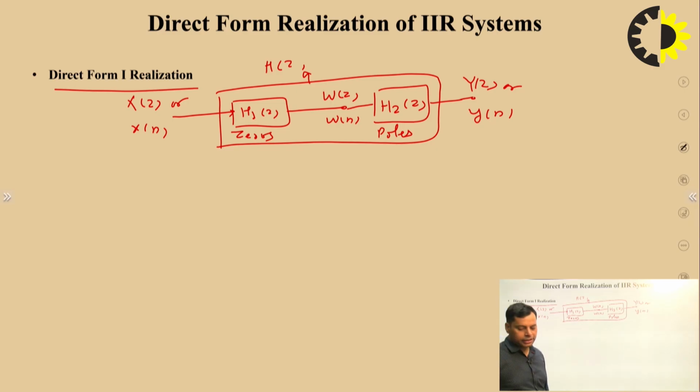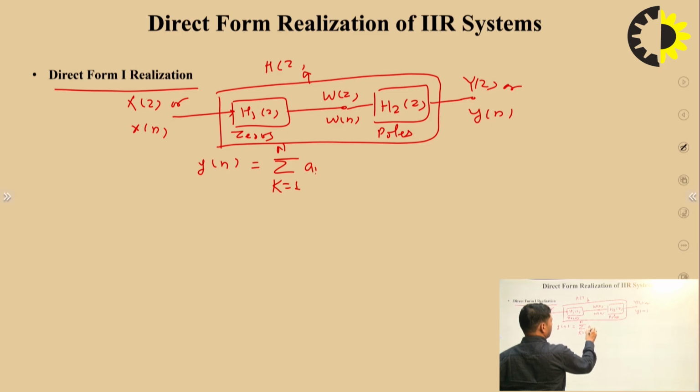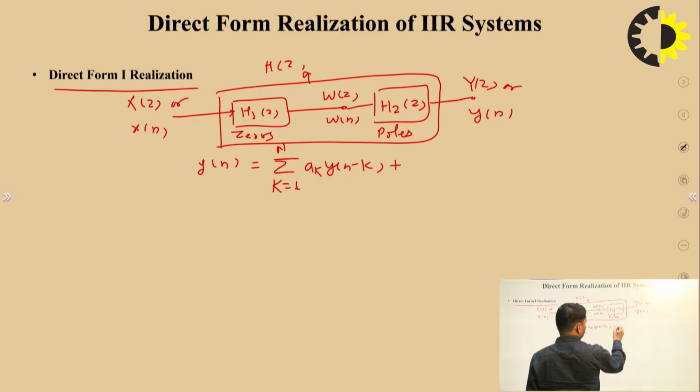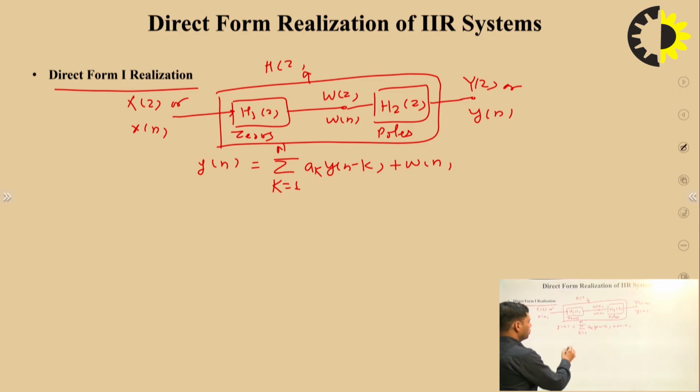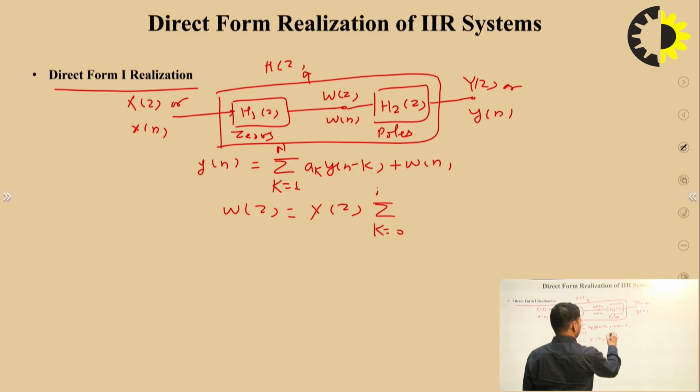So, in this realization, equation 1 which we discussed previously, we can write like this: y(n) is equal to summation of k equals 1 to N of a_k y(n minus k) plus w(n), where W(z) is equal to X(z) into summation of k equals 0 to M of b_k z raised to the power of minus k.